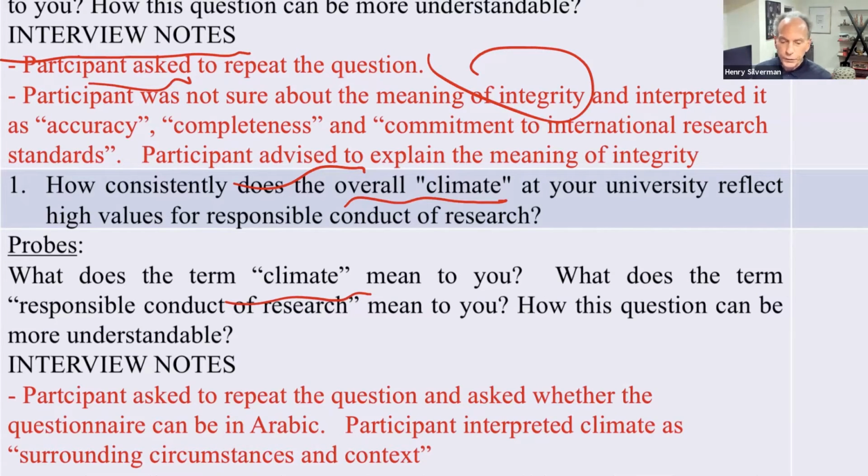And the interviewer takes notes. The participant asks to repeat the question and asks whether the questionnaire could be in Arabic. The participant interpreted climate as surrounding circumstances and context. So based on the participants' responses, you may want to modify the question.